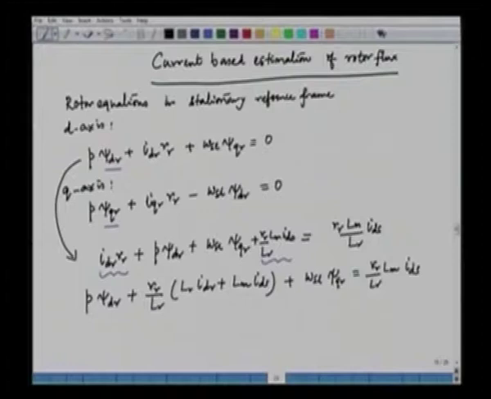In this equation, we know that the part of the second term is the rotor flux.